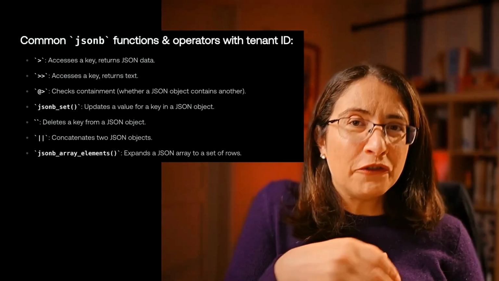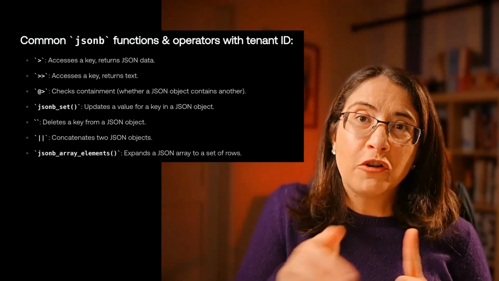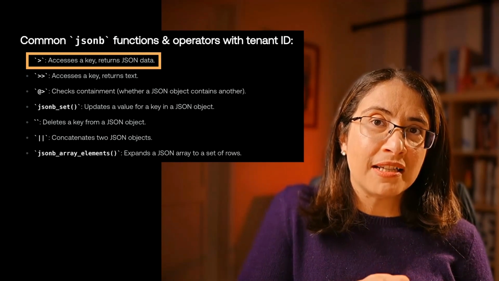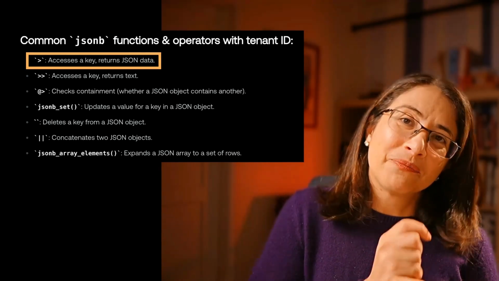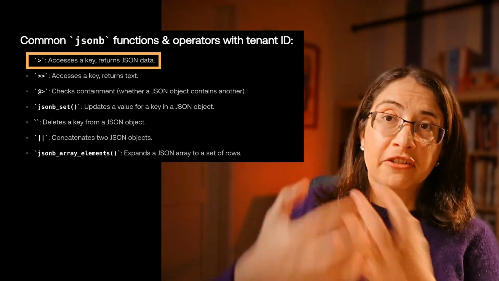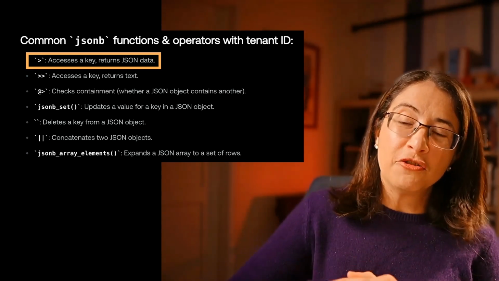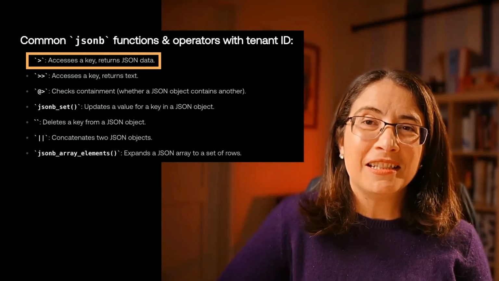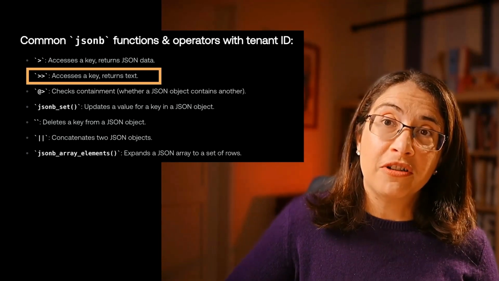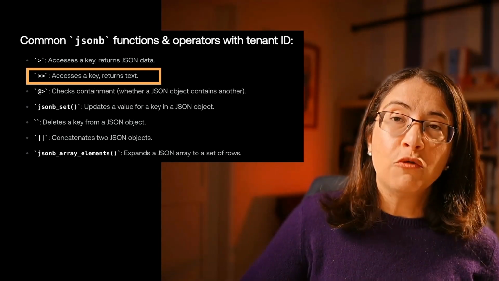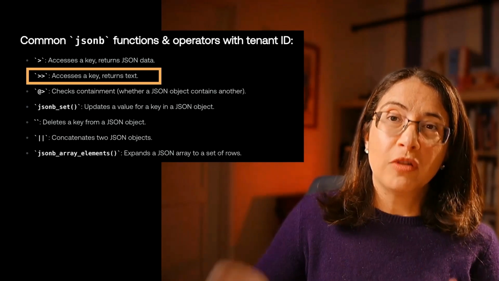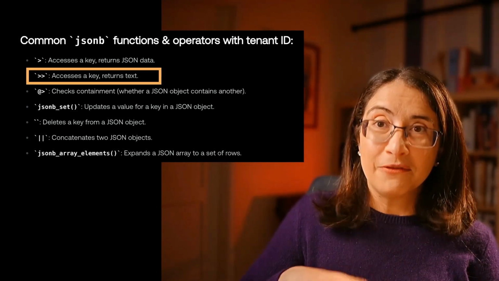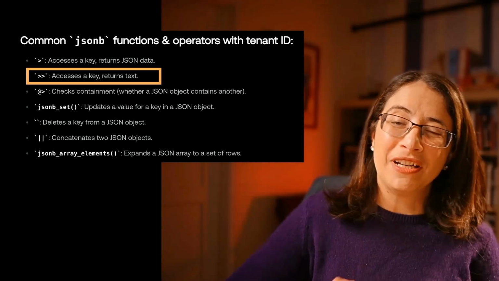So we've covered a few common JSON operators. We've covered arrow, which lets you access a value in a JSON and return it as an object, so you can continue drilling down into additional sub-values in nested JSONs. We also learned about the double arrow, which returns a value as a string, which is useful if you have nothing to drill down any further.